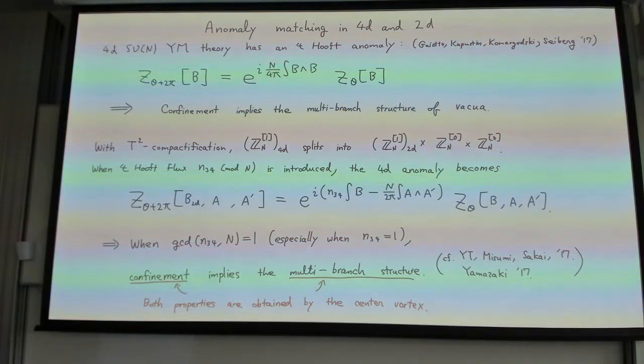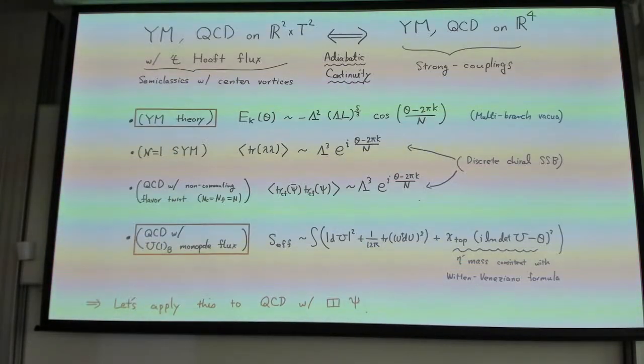Especially, only when you insert a non-trivial 't Hooft flux is there a non-trivial anomaly relating to the 2D one-form symmetry. Because of this feature, only when you introduce a non-trivial 't Hooft flux, confinement in 2D implies a multi-branch structure. So in this case, 't Hooft flux plays an important role for the adiabatic continuity between 4D and 2D dynamics.